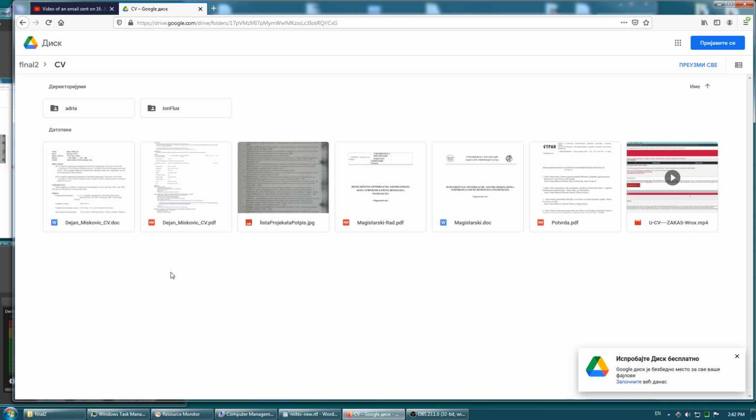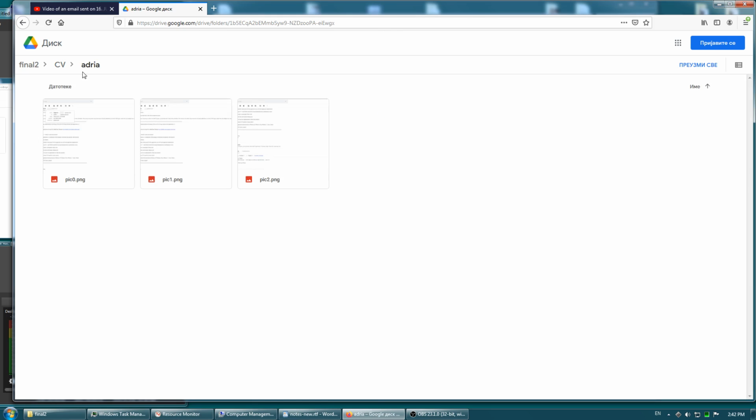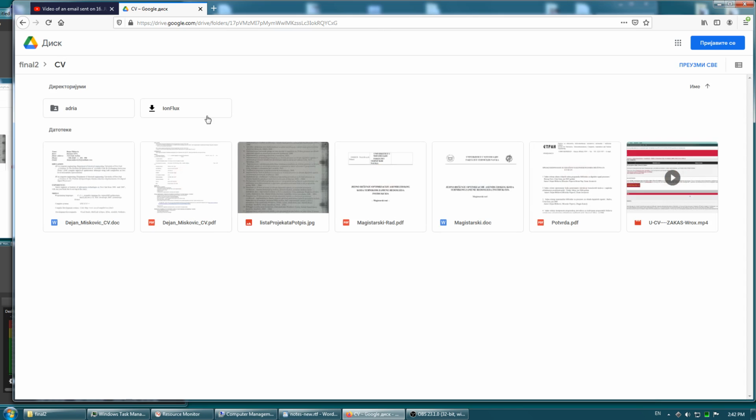My other machine, which has a huge memory, has a problem with power supply, so I'm using this machine on the boot camp, which is limited. This is another folder, and there is another folder.